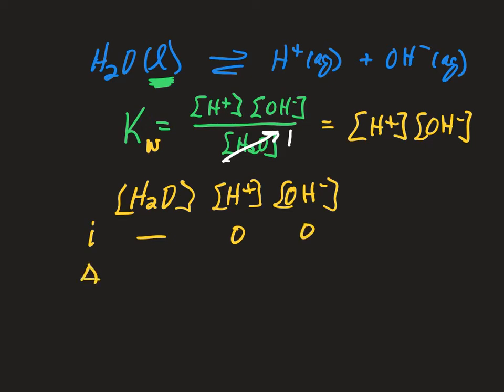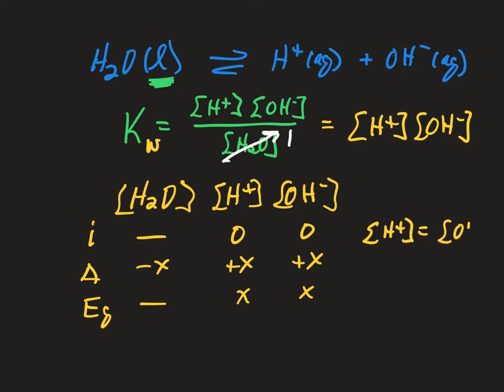Our change is going to be X. And at equilibrium, we're going to have X and X. Don't care about the water because it's going to be 1 anyway. So in pure water, the concentration of hydrogen ions is equal to the concentration of hydroxide ions because they were both made at the same time.